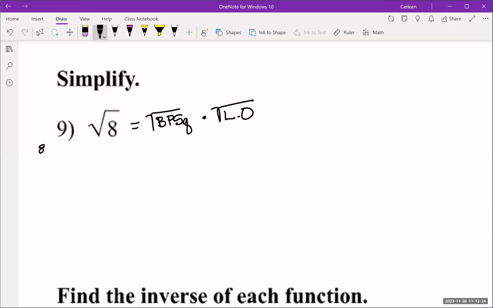So 8 is 2 times 4. That's it. And 1 times 8. The biggest perfect square is 4. That means the factor that goes with the 4 is the leftovers.